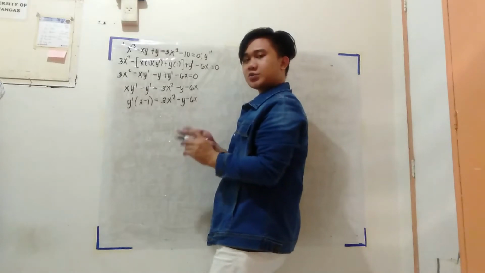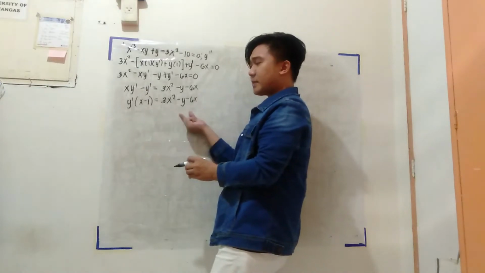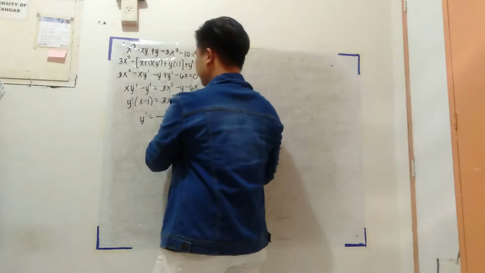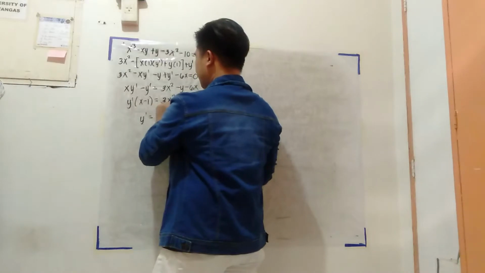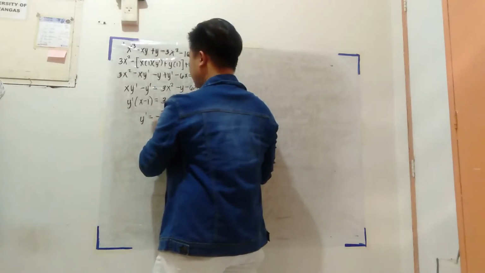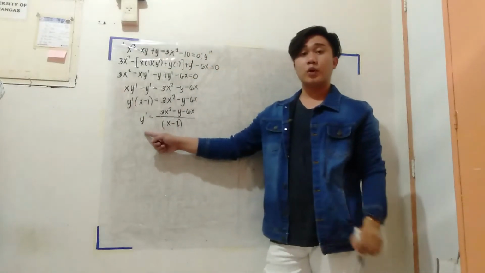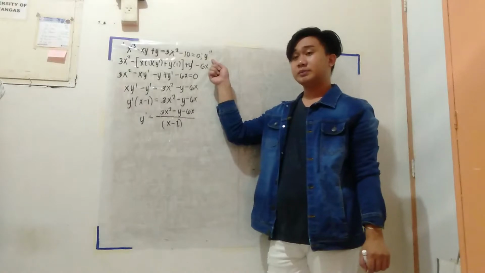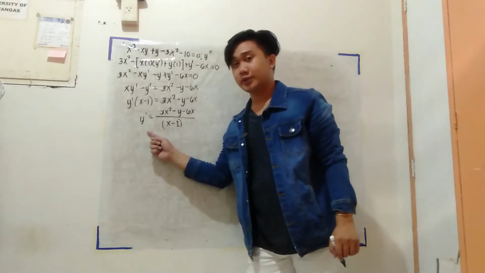So, paano ko makukuha si y prime? E di hilahin ko ito pababa papunta doon. So, y prime is equal to 3x squared minus y minus 6x all over x minus 1. So, meron na po akong y prime or my first derivative. And in order to get the y double prime, i-differentiate ko lang po ito.